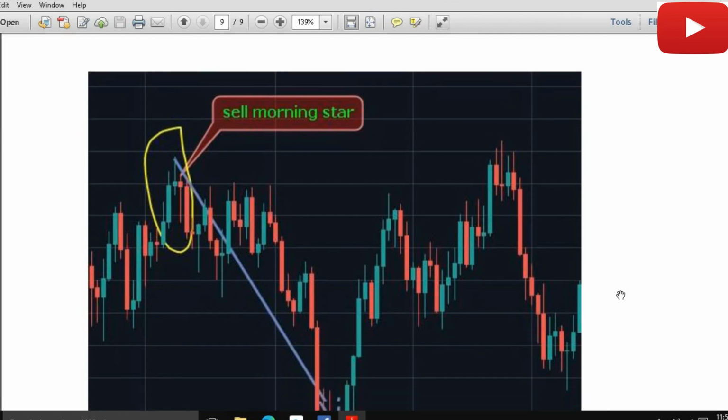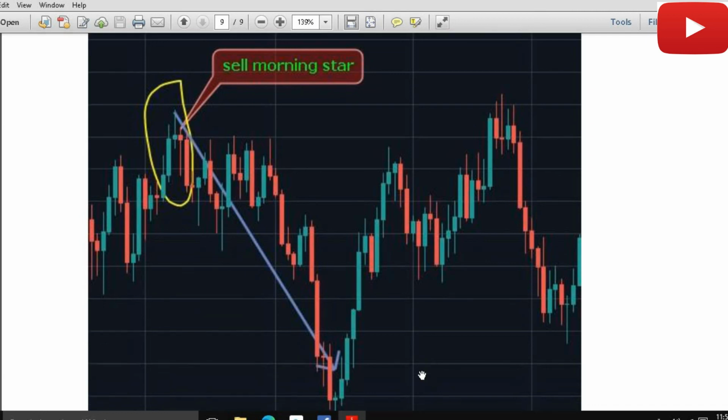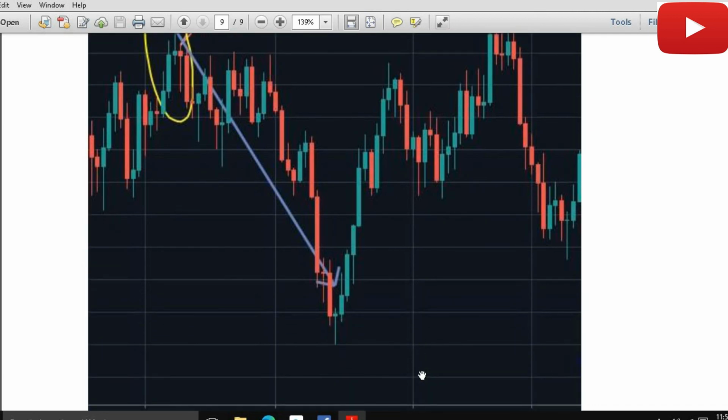The same thing here. Sell morning star, right? Buyers were too strong, they are losing power here. Sellers are taking over, then a huge sell resulted. Let me show you something here. I believe we have another morning star here. So sellers are now strong. A strong rejection also.